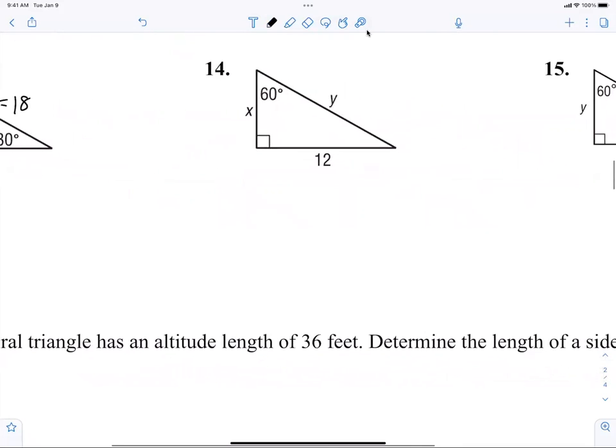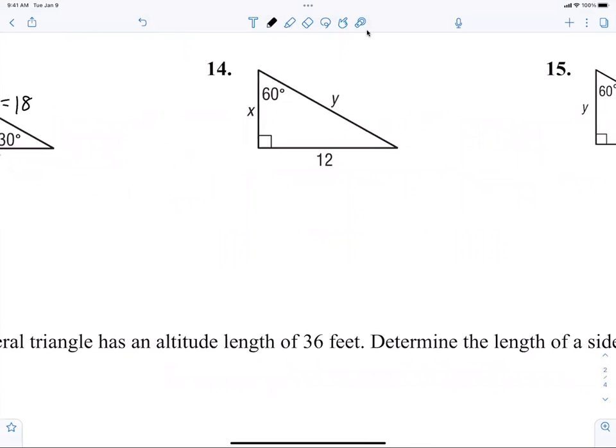All right. Marin, what is 12 related to? I'm asking you a question. 12 is to what angle? 60. So I need to go to the 30. How do I go from the 60 to the 30? Divide by what?